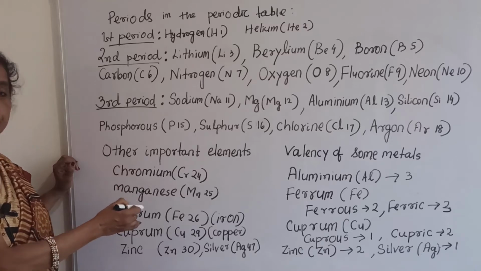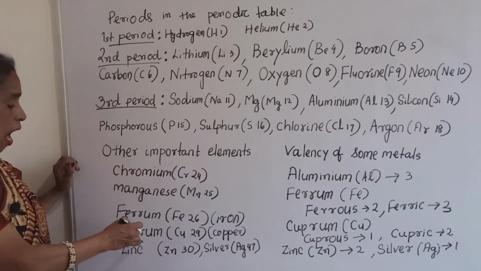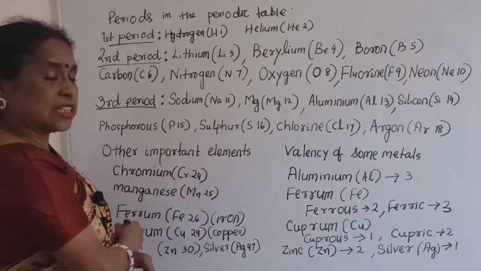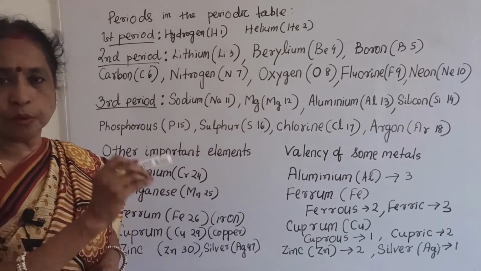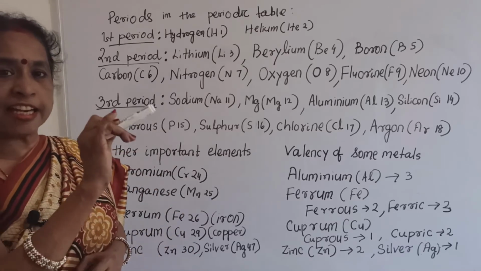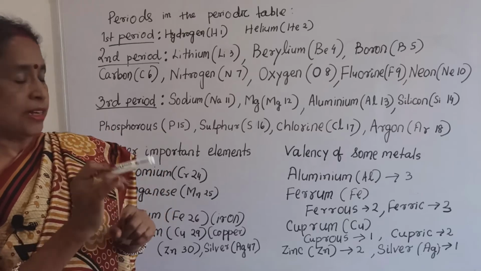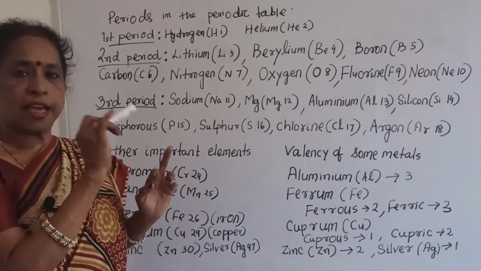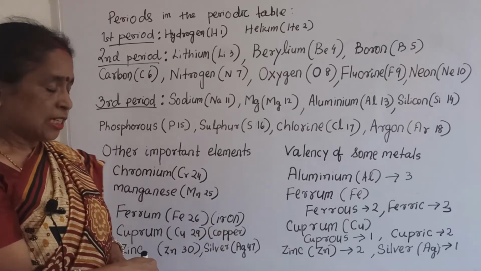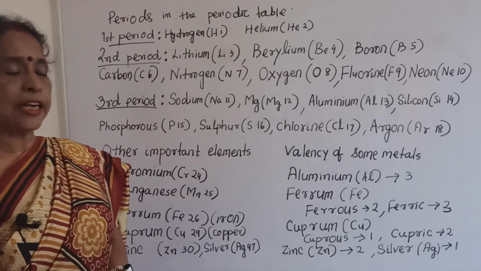Cuprum, which in English is copper. The symbol is Cu and the atomic number is 29. Similarly, zinc, Zn, Z capital, n small. Silver, Ag, A capital, g small, atomic number 47. Similarly, zinc atomic number 30.